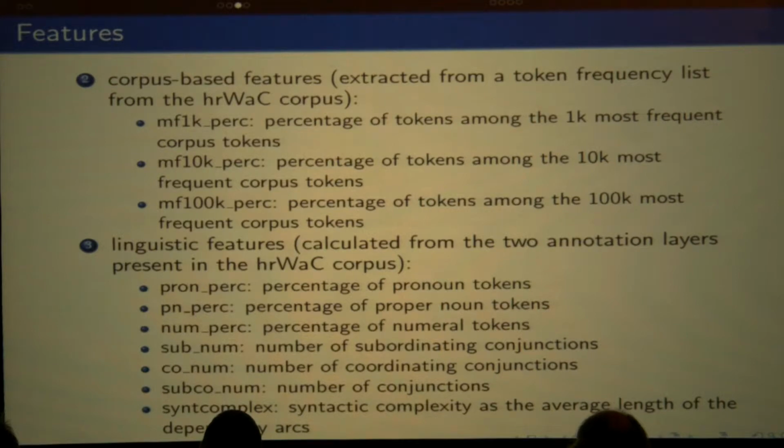Percentage of numeral tokens, or percentage of subordinating and coordinating conjunctions, number of conjunctions in general, and the last one is the syntactic complexity of the sentence, which was calculated as the average length of the dependency arcs. So we just calculated the length of each dependency arc, and then we calculated the average. So the simpler the sentence is, the lower this value should be.